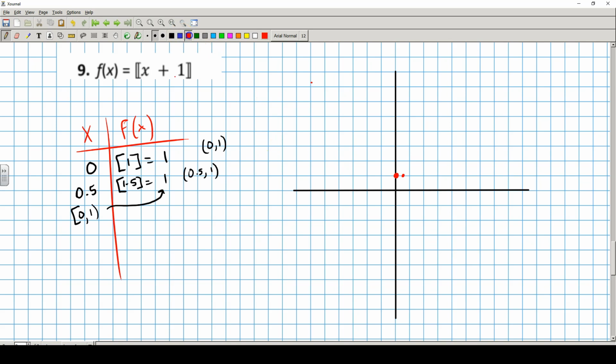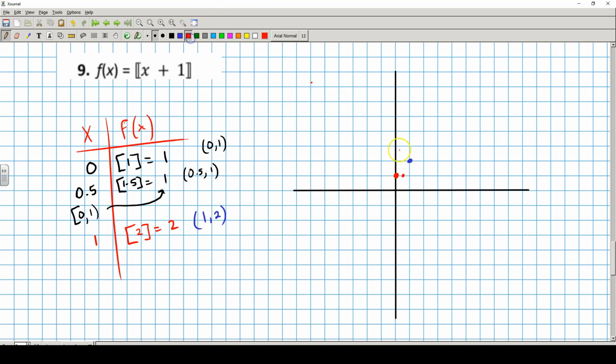If I actually plug in 1, then I'm going to jump up a step, because now I'm going to take the greatest integer less than or equal to 1 plus 1, which is 2. So this is where it's going to jump up, and I would have (1, 2) as my point. So 1, and then 2 would be up here.